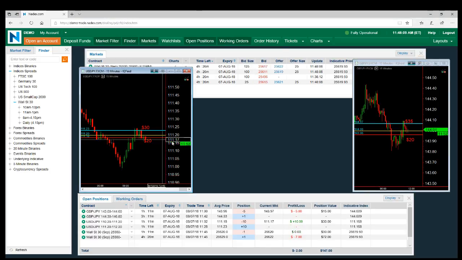Another good strategy to use with that one, Wesley, is to look at the open, high, low, and close of the previous day. A lot of times they come back to those numbers. So you wait until it gets to an extreme and then it comes back to that number. Yeah, there's so many different strategies that traders use.